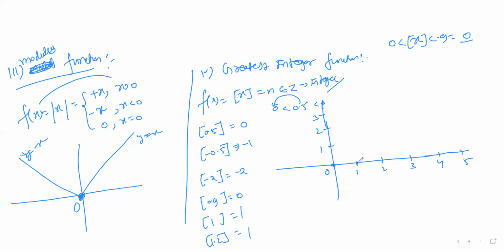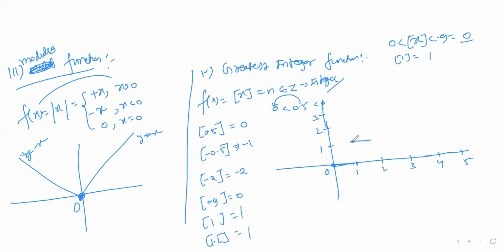But as you reach 1, the greatest integer function value is 1. So it will come to this point. From here to here, it's up to 0.9, and as soon as it goes to 1, the value shifts up here.